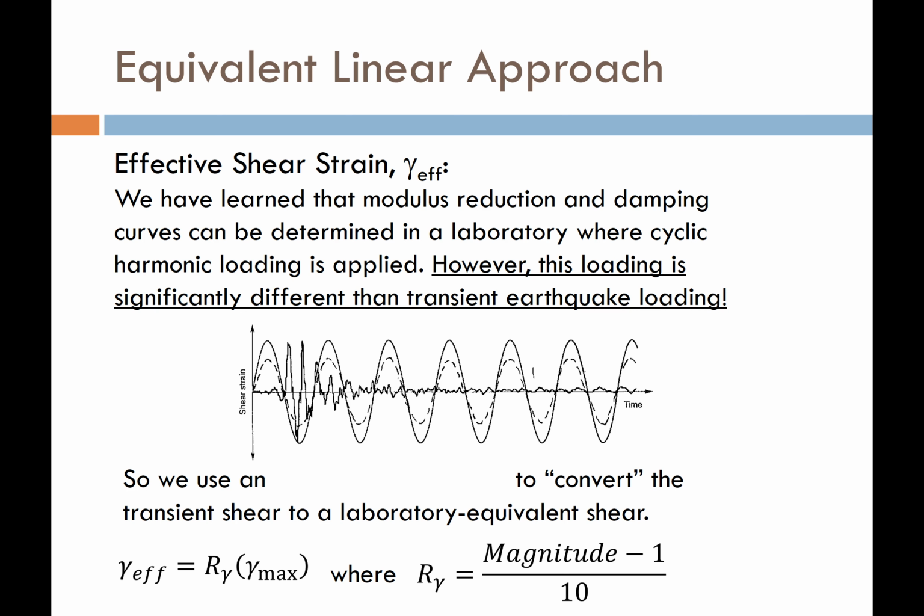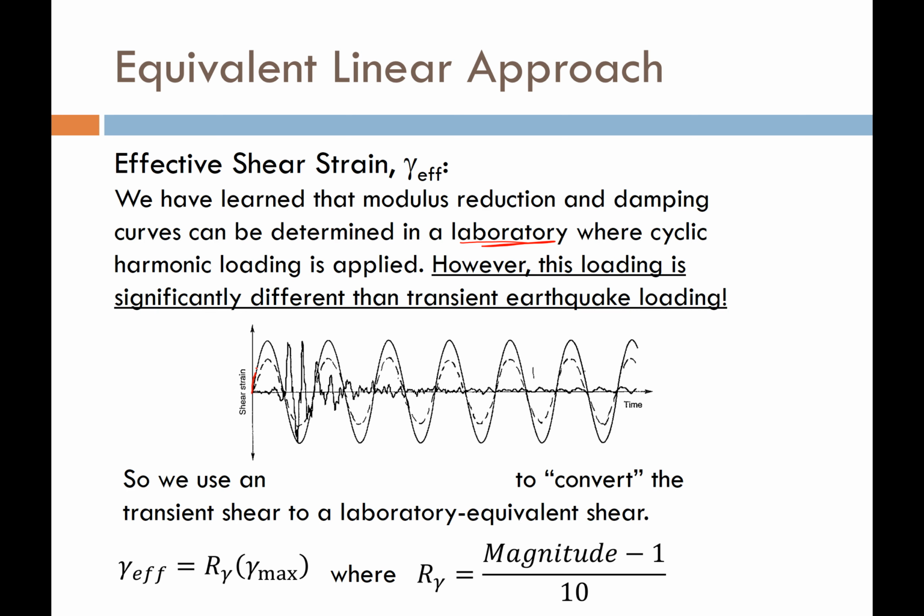One of the things that we're going to have to deal with in the equivalent linear approach is what we call the effective shear strain, and we denote this using gamma sub eff. We've learned that the modulus reduction and the damping curves are typically determined in a laboratory where we're applying cyclic loading to the soil.